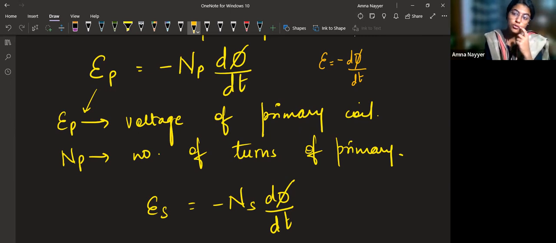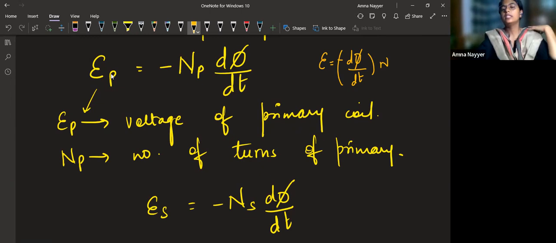In case of transformers, what did we study? Number of turns can be variable. There was no restriction regarding the number of turns present. So if this is for a single turn, then you have to multiply this whole term with the number of turns present. So EP is equal to minus NP d phi over dt.